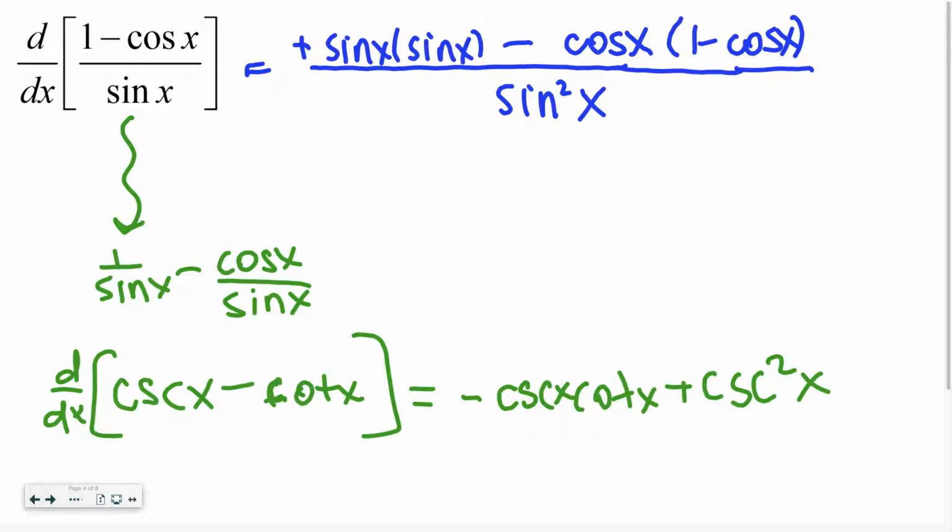But we could use trig identities up front to simplify our expression before we take the derivative, and then the derivative is not as complicated. I'm not saying you have to, it's just an option.